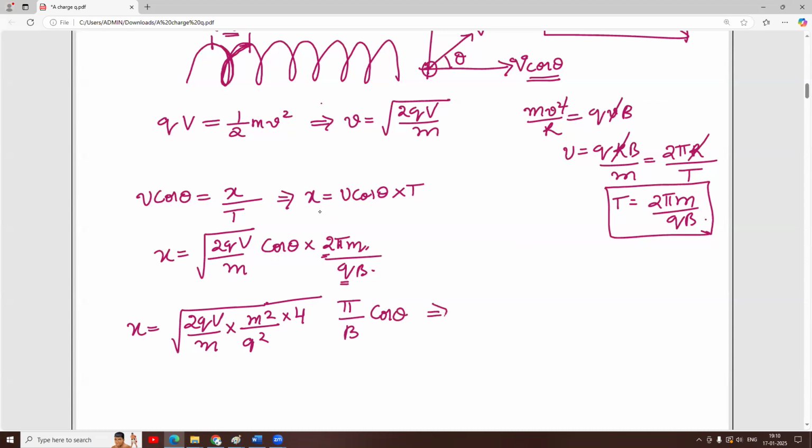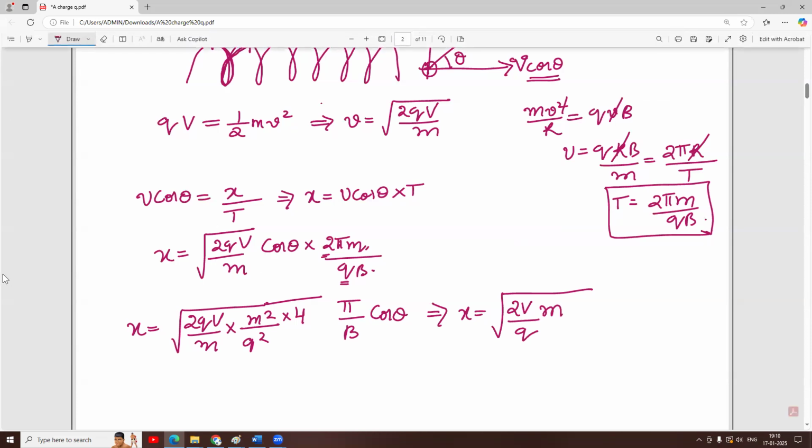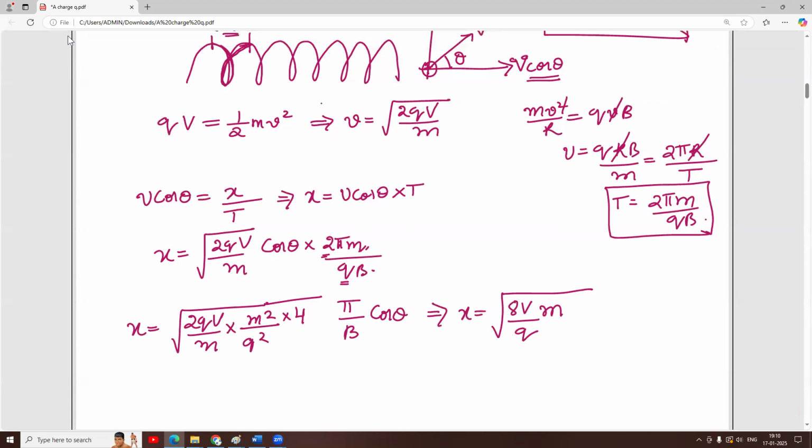So finally the formula for the pitch of the helix is equal to the square root of 2q, q gets cancelled, 2V by q, because here you can have one q cancelled, m gets cancelled, and m is here, and 4 into 2 will be 8. I can replace this as 8. So 8 V by q into m into pi by B, that is outside, cos theta. So the formula looks like this now.